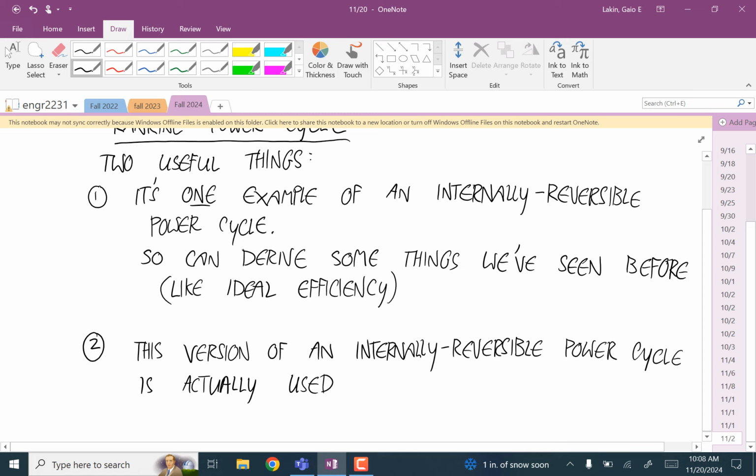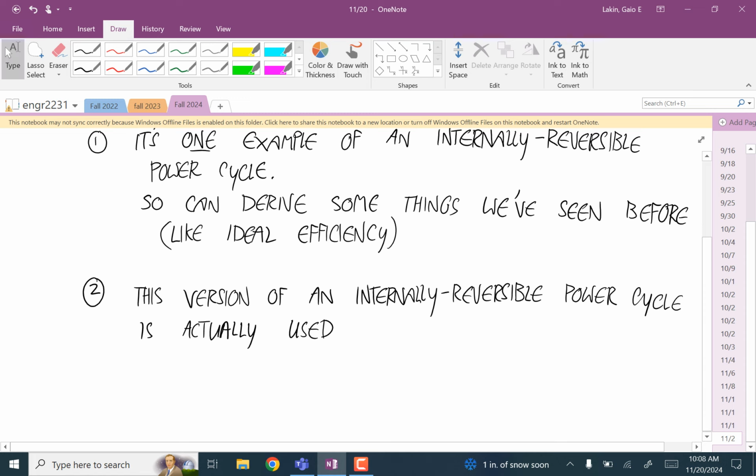Obviously, the ones that are actually used aren't really internally reversible, but this is a simplification, and we'll talk about corrections for irreversibilities as we go. This is used in coal, oil, solar, nuclear, and biomass power plants.